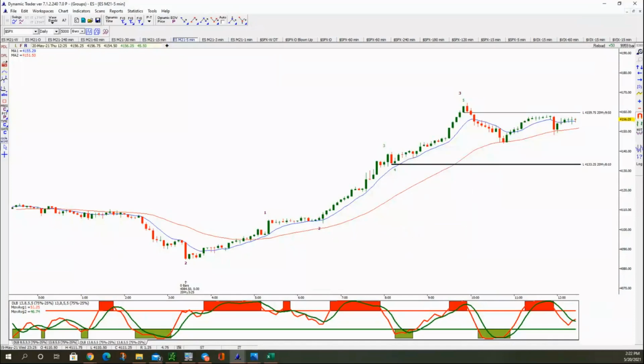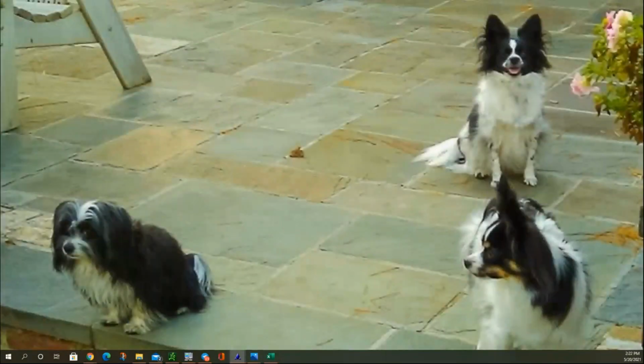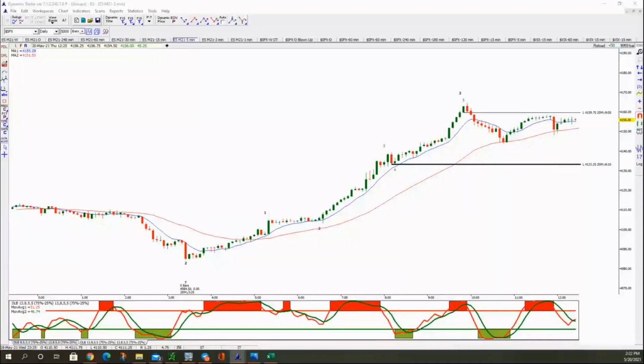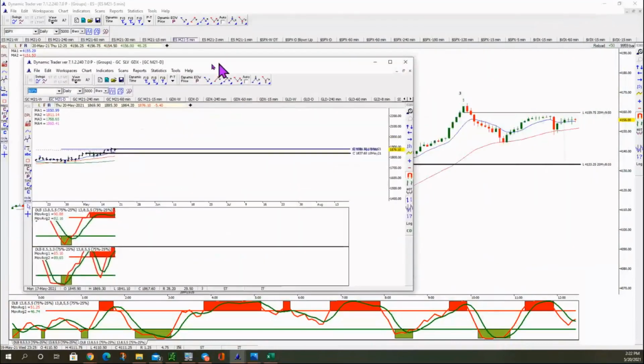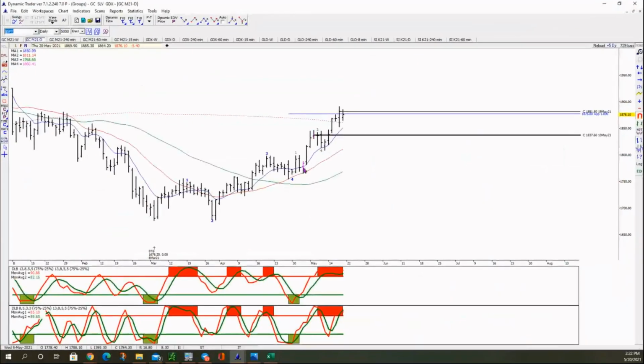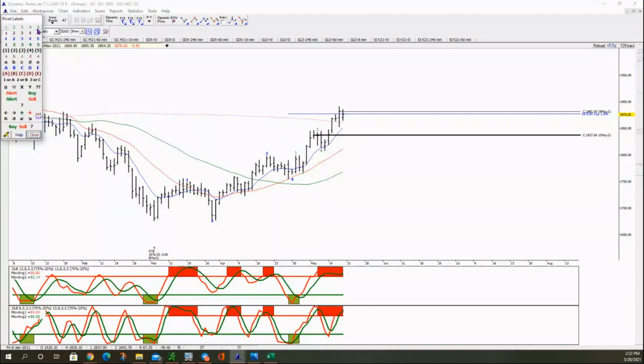I want to look at this oil chart real quick. There might be one on there. Okay, here's a gold chart. A better example for you guys. Okay, this count right here is 1, 2, 3, 4, and we're going to compute the fifth wave up here. 5, and this is going to be 3.